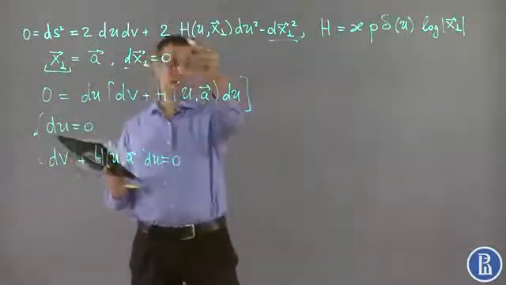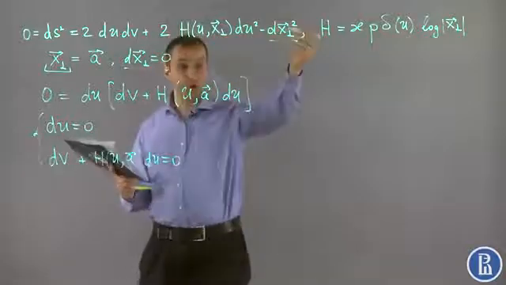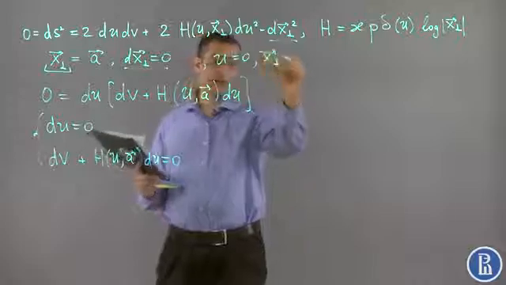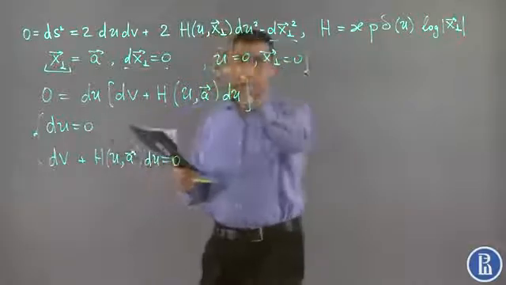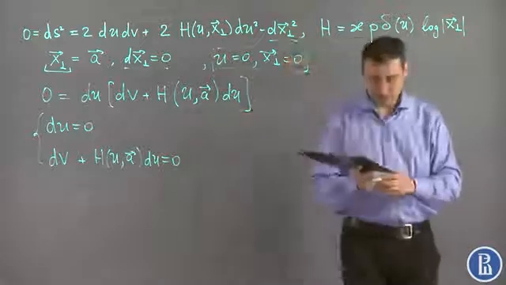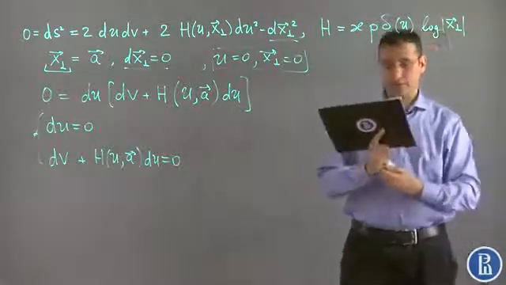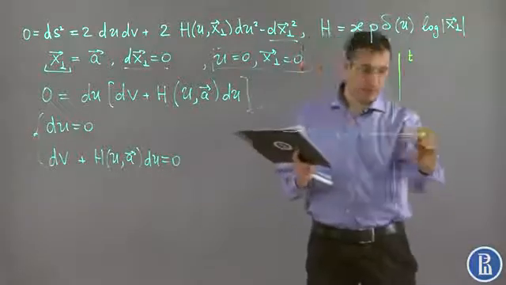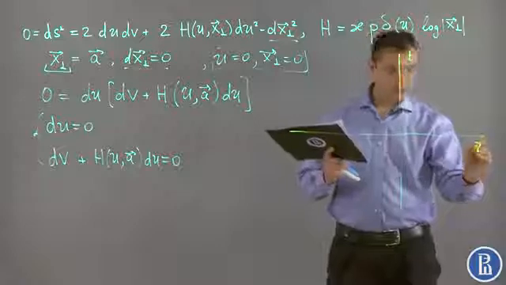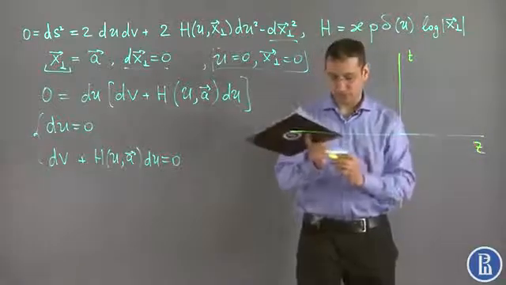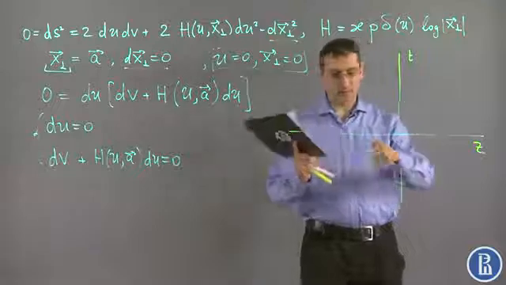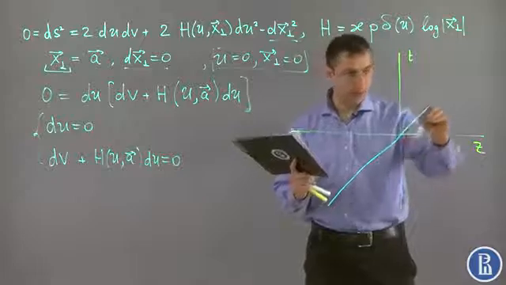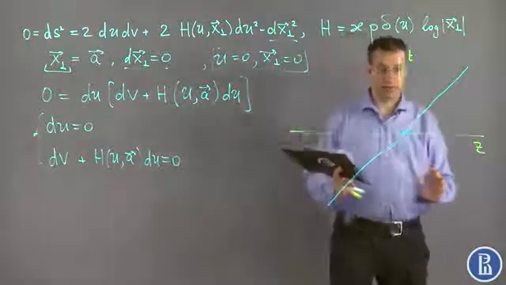Remember that the world line of the source of this wave is u equals to 0 and x perpendicular equals to 0. So let me draw the picture. In the plane t and z, we have the following wave traveling with the speed of light. So the world line of this wave is like this.